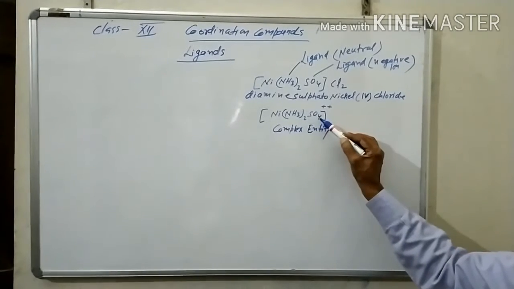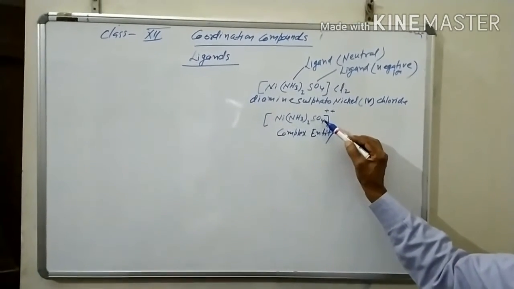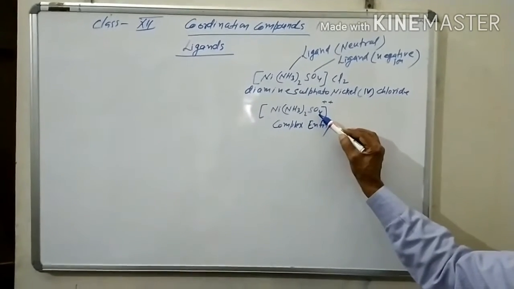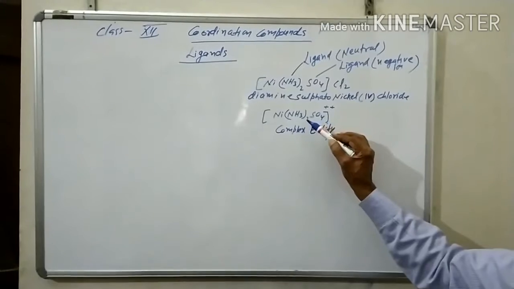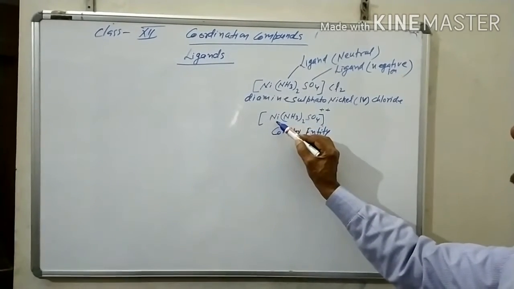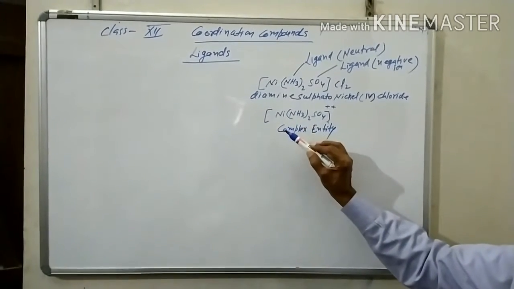NH3 and SO4 both are ligands, and both are coordinated, meaning they are combined with the nickel metal atom or ion with a coordinate bond.